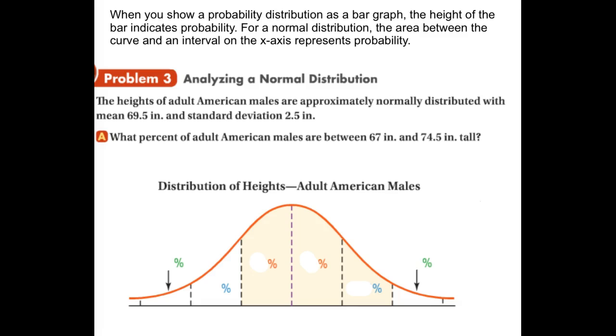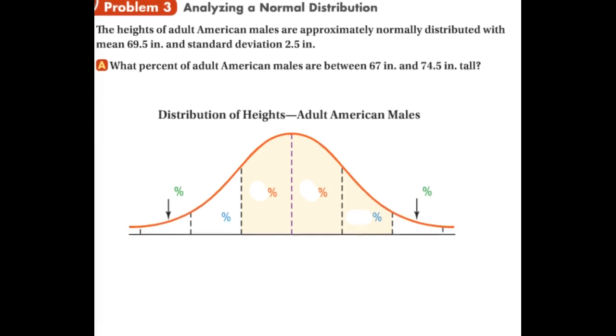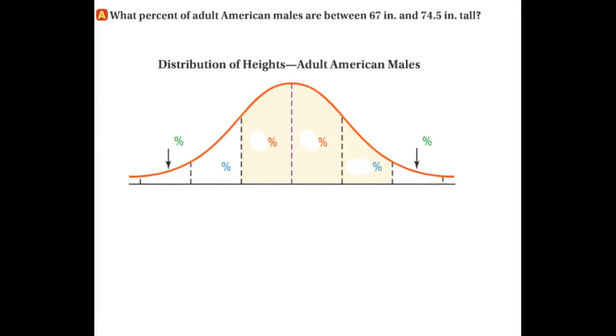When you show a normal distribution using a normal curve, it's the area between the curve and that interval and the x-axis. In other words, this chunk here would represent the probability of being in that interval from here to here. Does that make sense? Okay.